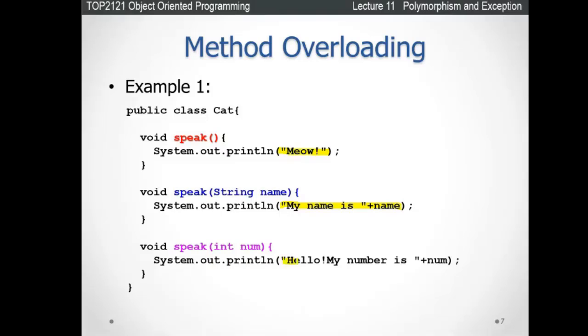Based on the parameters you pass when you call the function, it will give you the output. If there are no parameters, it gives meow. If the parameter is string type, it shows my name is, plus whatever name you pass. And the last one takes an integer value, so it will give you hello, my number is, plus the passed value. I hope you understand how function overloading works.